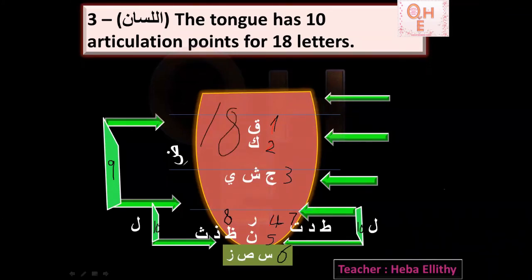So right now we have found the 10 articulation points and the 18 letters that come out from the tongue. And we counted our 10 articulation points and our 18 letters in the tongue.